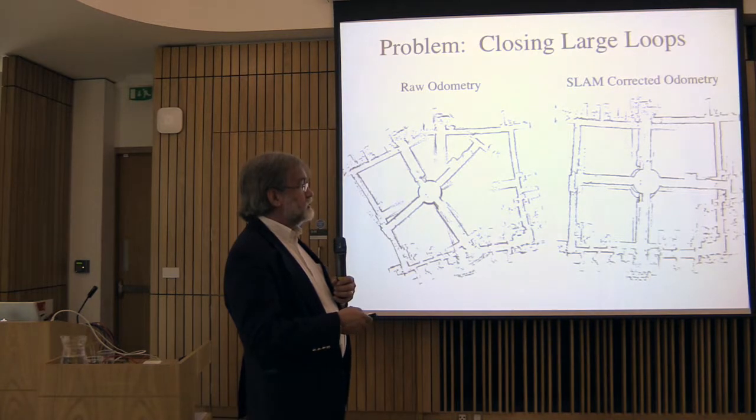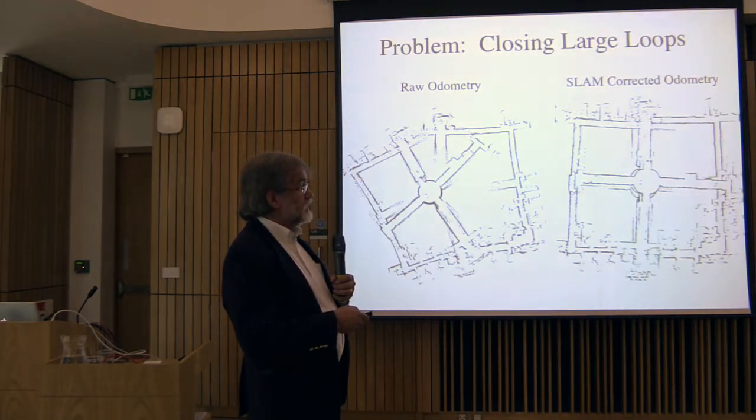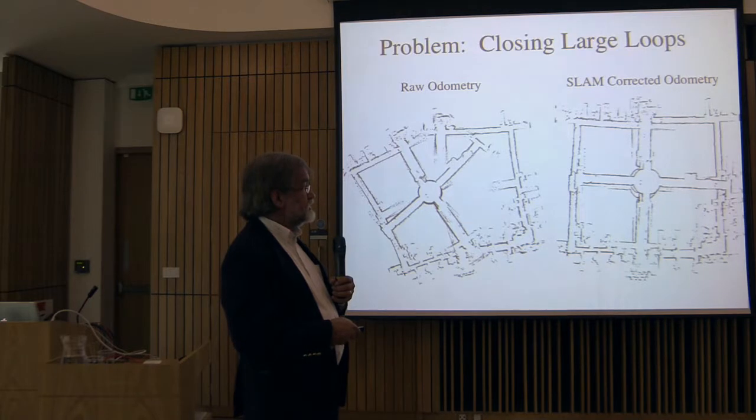From this somewhat corrected image, you can get a sense of what the space looks like. But even a very small drift as you're traveling around this creates a major deviation.